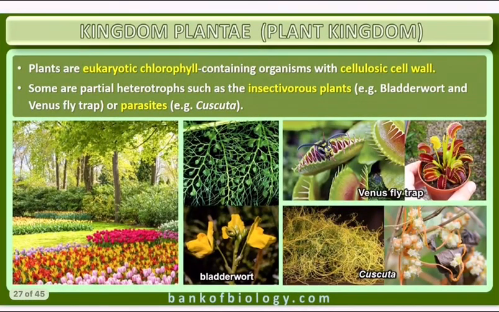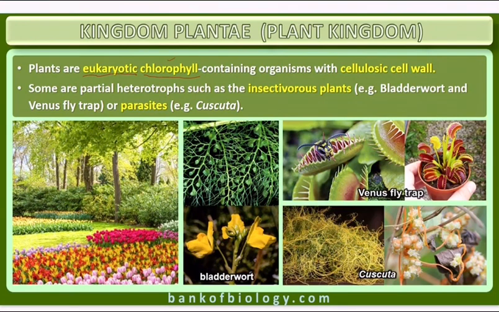Basically, when we say kingdom Plantae, it includes all eukaryotic organisms. What do you mean by eukaryotic? Karyon means nucleus, and eu means very clear. All the plants in their cells will have a very clear nucleus.